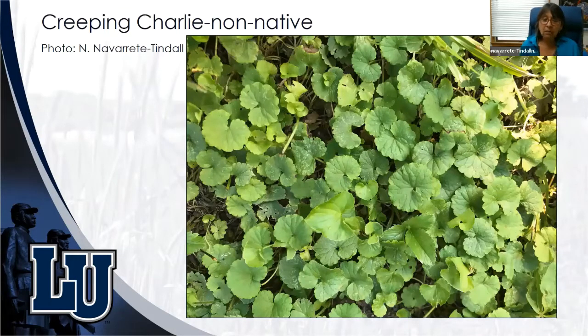Now, these plants, I wish I could control them in our yard. They're just everywhere. I'm sure many of you know them. It's called creeping Charlie. It has other names, and it can produce pretty flowers, but it can grow like everywhere.